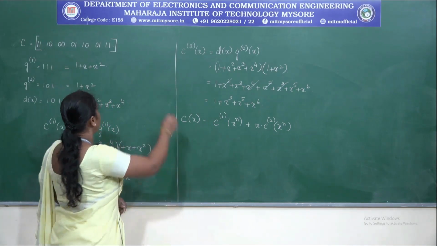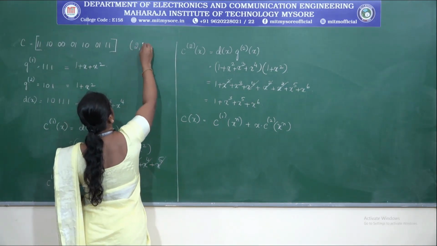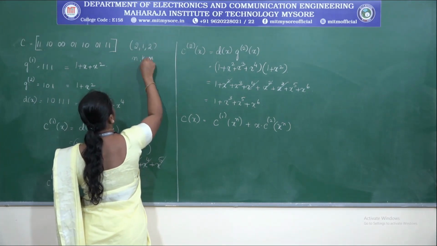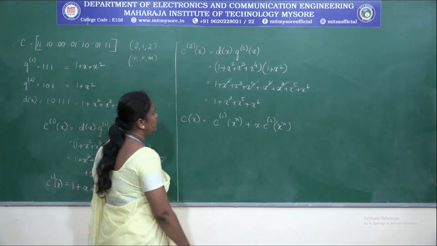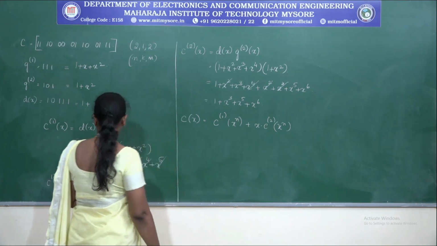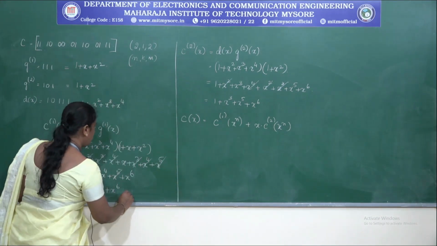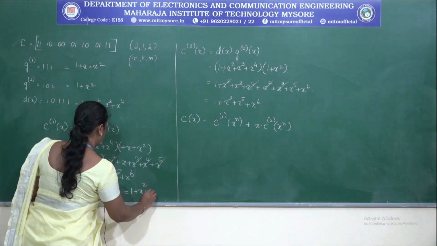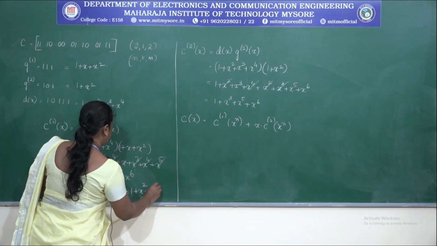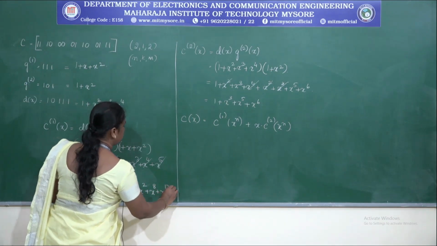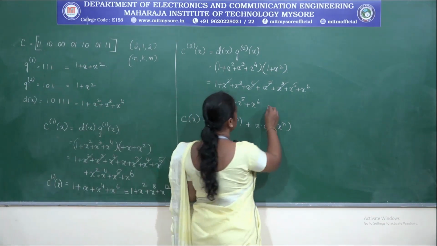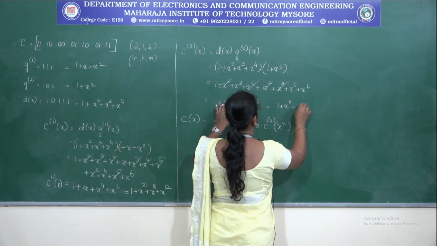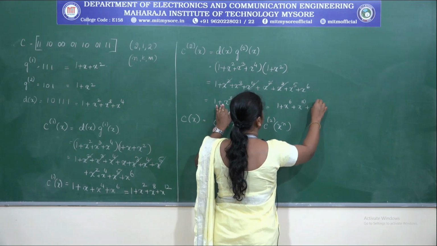So we know that it is 2, 1, 2. So this is n, k and m. That means we have n is equal to 2. If we apply n equal to 2, then C1 of x will be 1 plus x square x8 plus 12, and this will be equal to 1 plus 6, 10 plus 12.